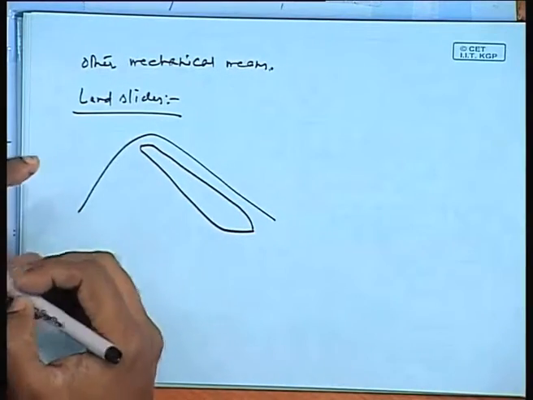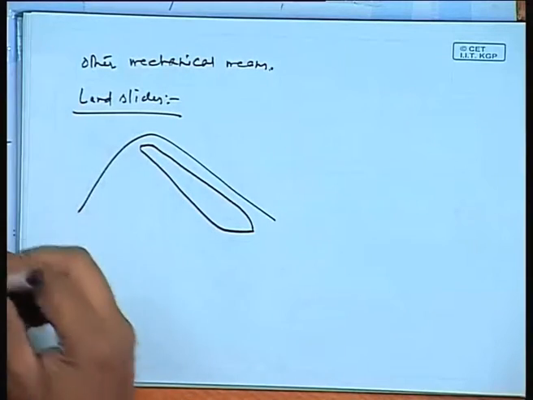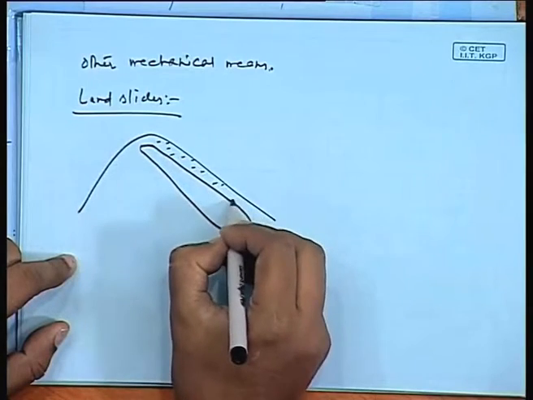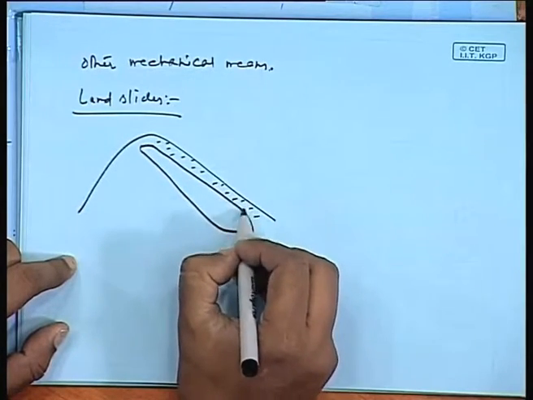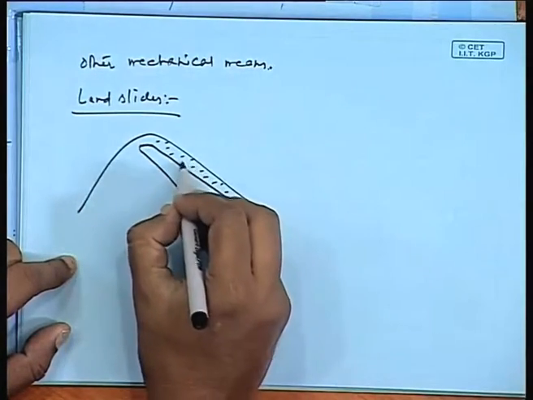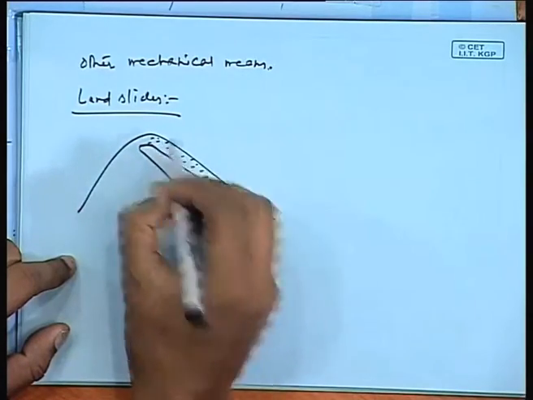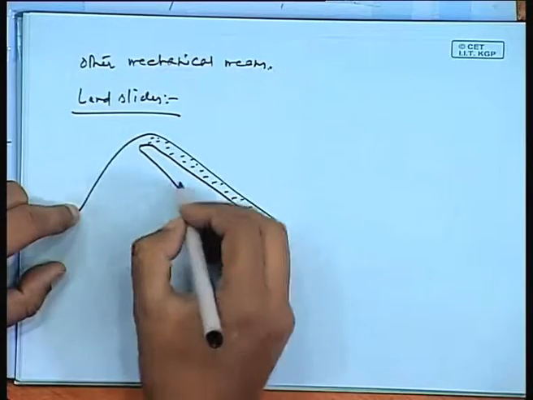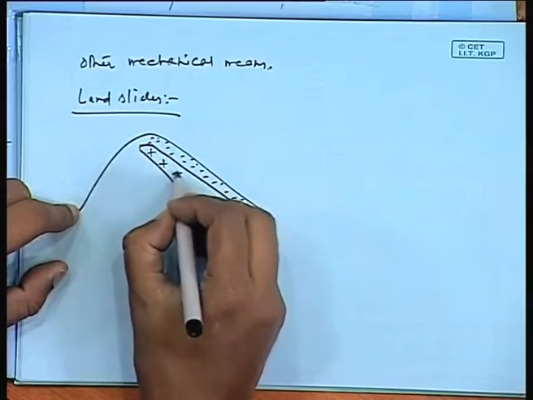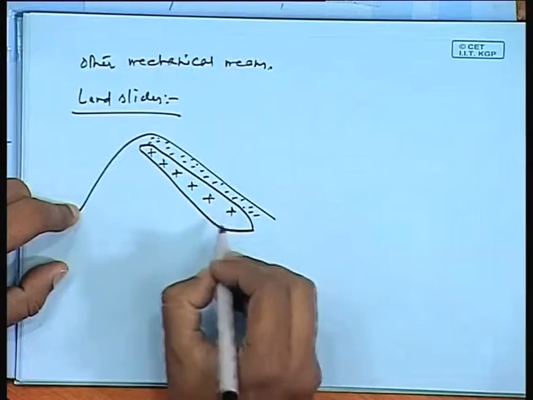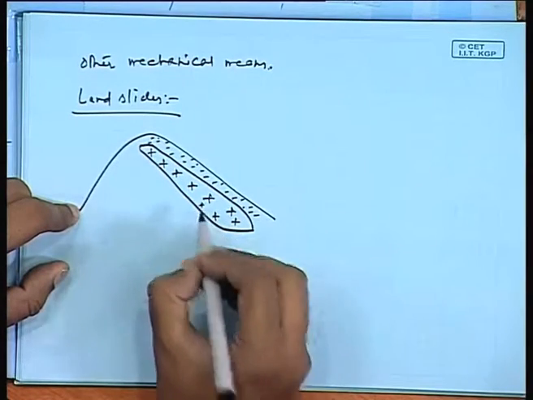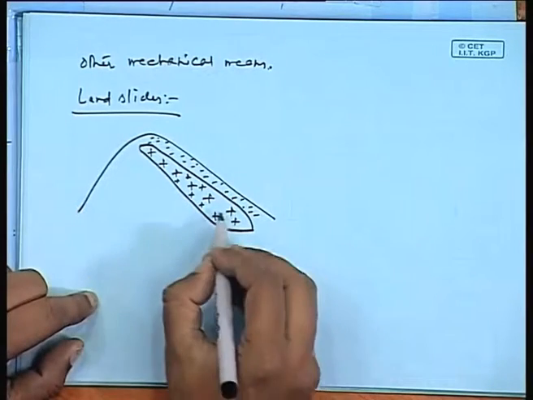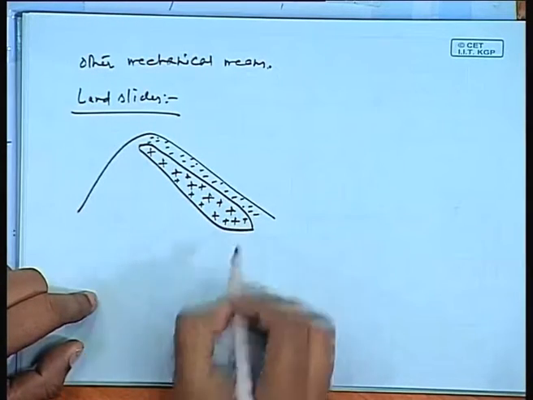You have soil here. If you make a section across any slope, this is the rock surface, any granite or sandstone, the typical types of basalt or any kind of rock surfaces that we generally observe here.